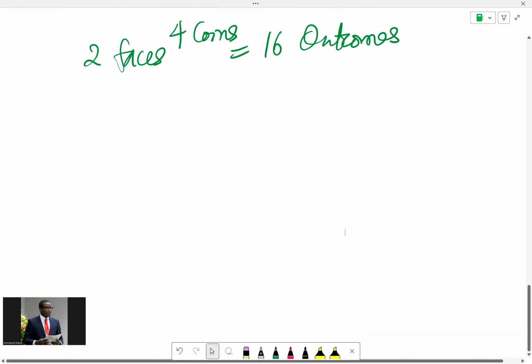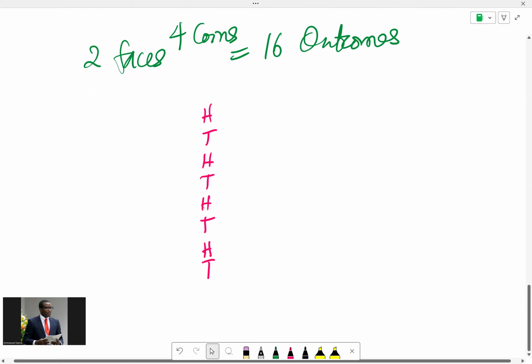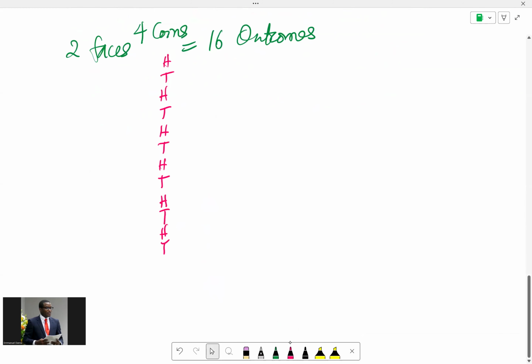So just write head, tail, until you get 16. That's head, tail, 1, 2, 3, 4, 5, 6, 7, 8, 9, 10, 11, 12, 13, 14, 15, 16.